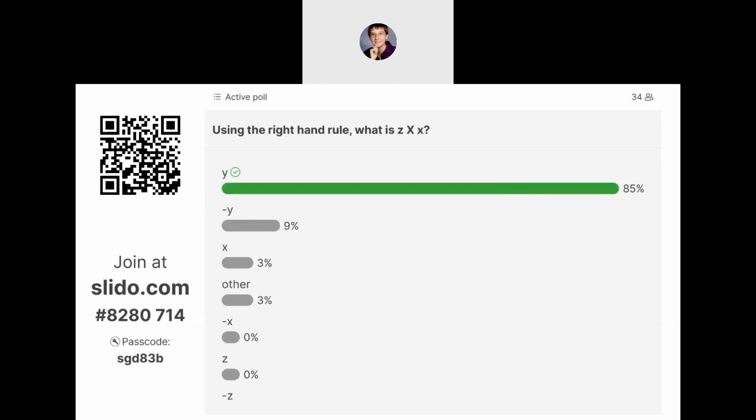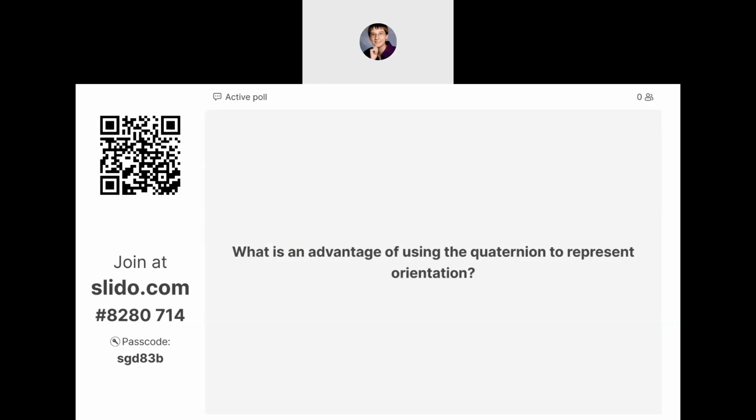And if you put your fingers in the direction of Z and you curl towards X, you find that your thumb is pointing in the direction of Y. And I'll try to remember to bring in little magnets for those that have a little bit harder time visualizing. Then you can have something put on your desk to help with that during the exam.